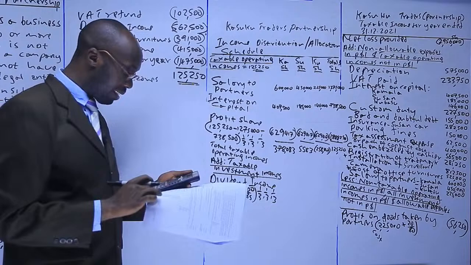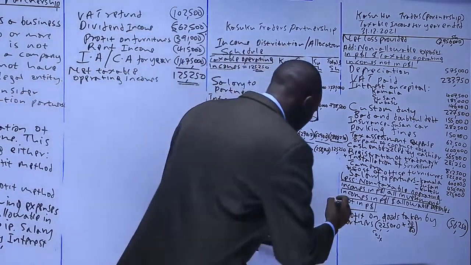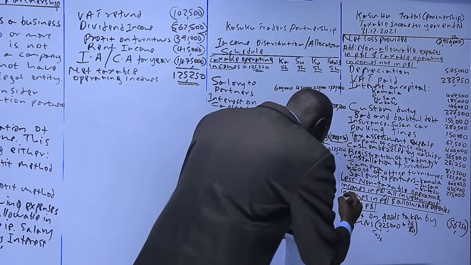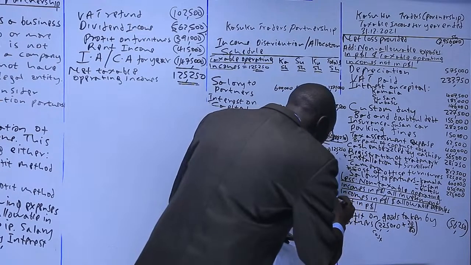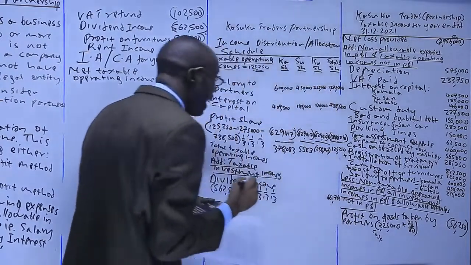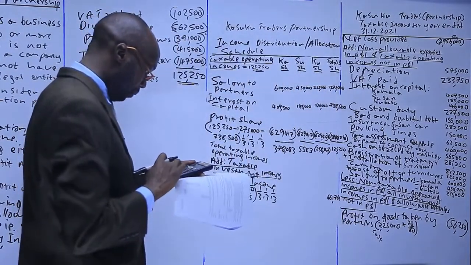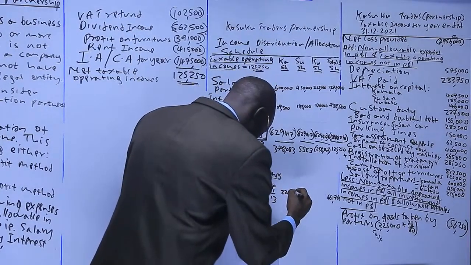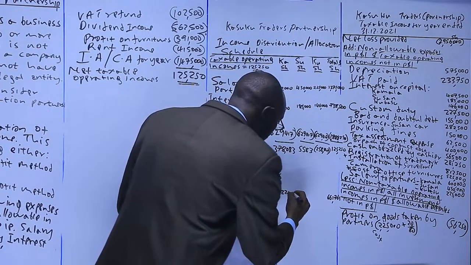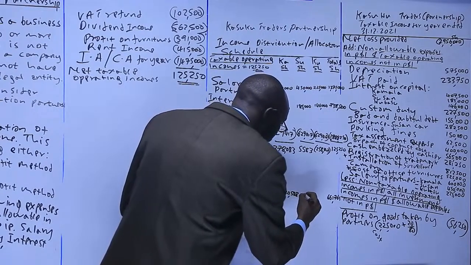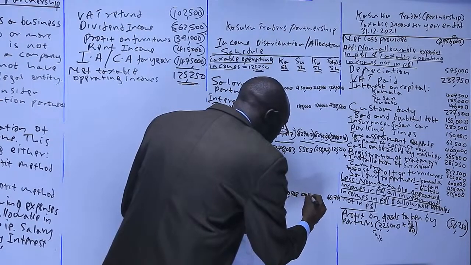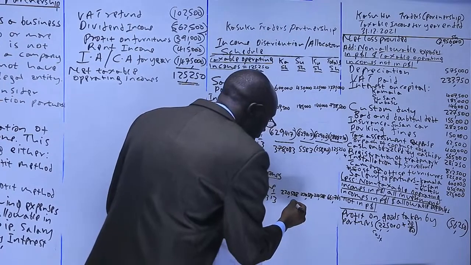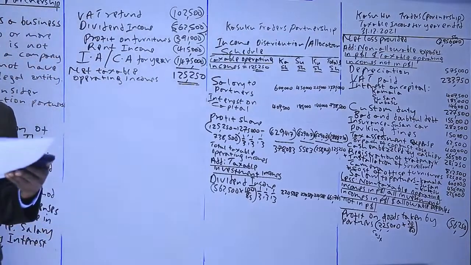You get 661,764. 765, we round off, and then divide by 3, which comes to 220,588. Now with that one, we have distributed the dividend.